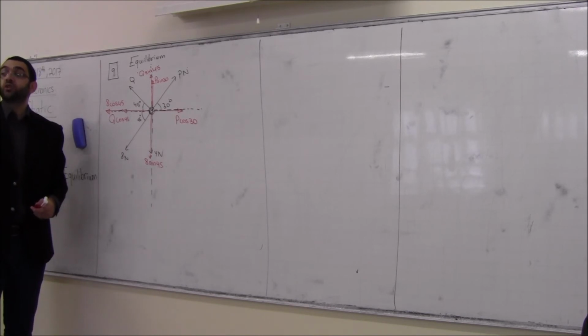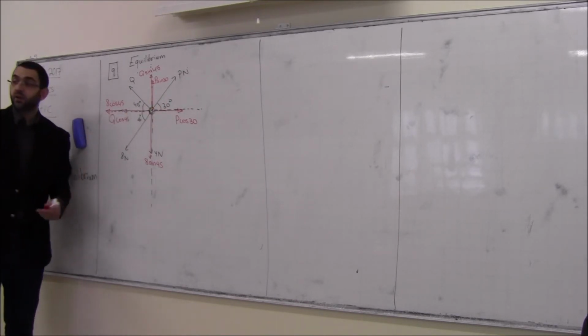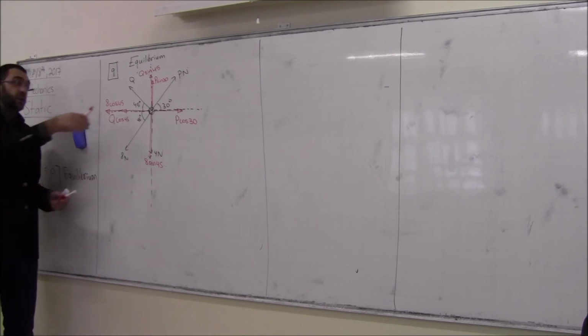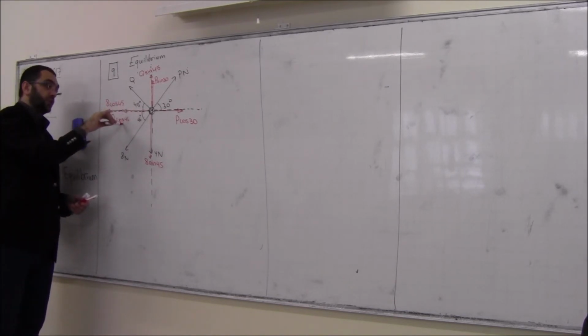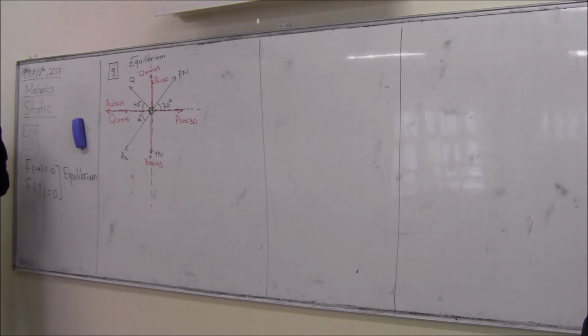The x-axis, the horizontal axis. So the horizontal component will take cosine, and the vertical component will take sine. Simply look at the given angle. If it's with horizontal, then the horizontal takes cosine and the vertical takes sine, and vice versa.